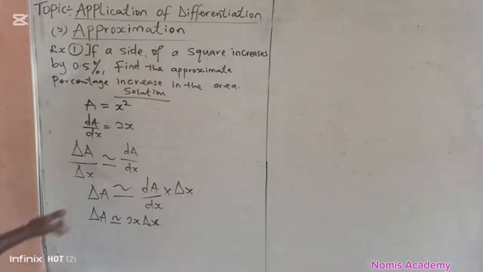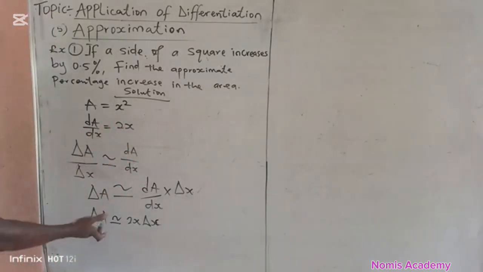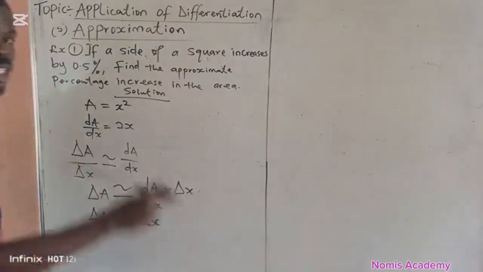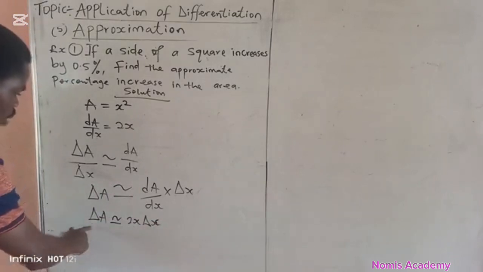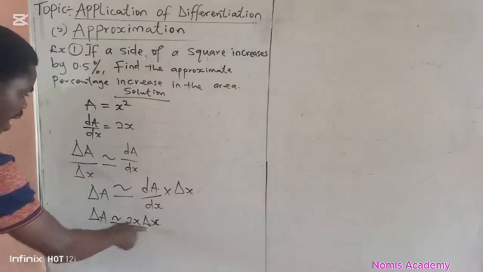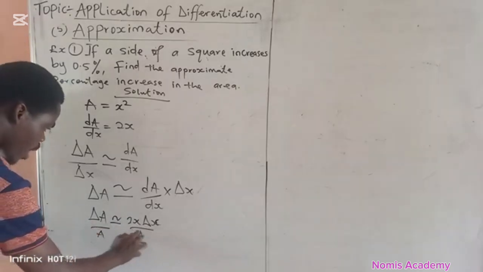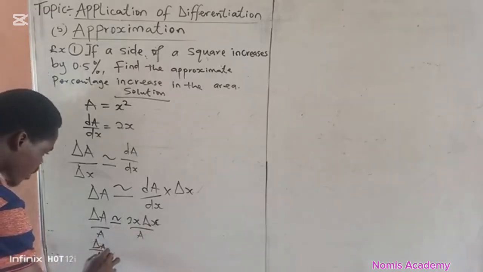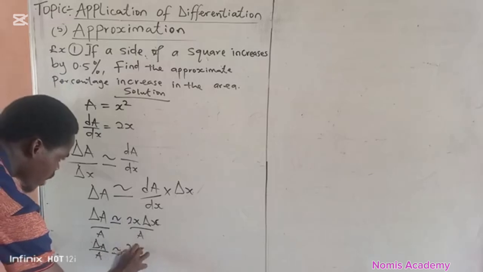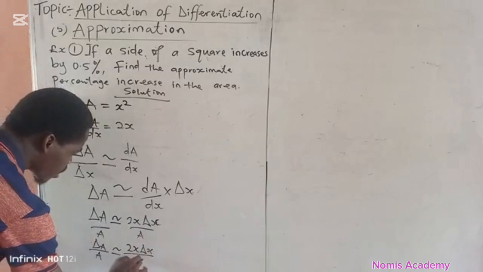Alright, so at this point we must look for the relative increase in the area and the side of the square. So we are going to divide the expression by A. That means that delta A over A is approximately equal to 2x delta x, and remember A is x squared, so we write x squared.